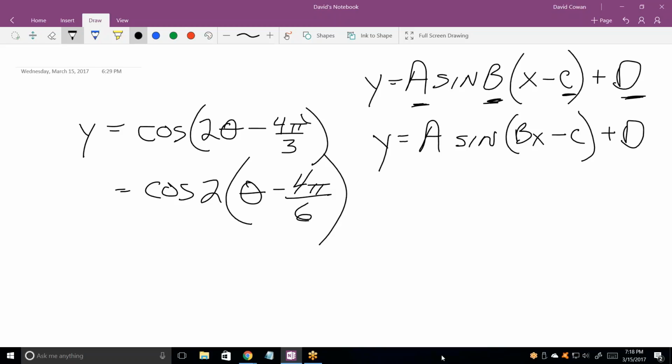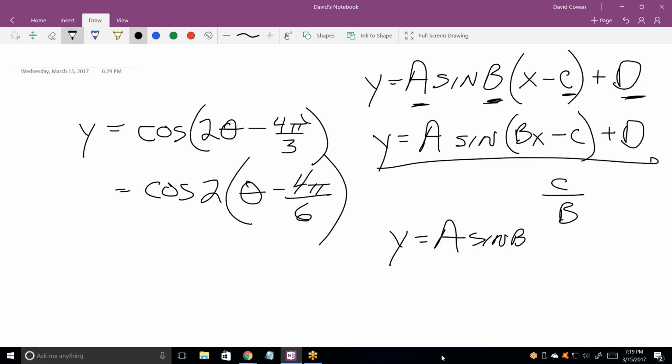In this case, A is the same, B means the same, but your phase shift is C divided by B. Because to convert the second one to the first one, I've got to factor that B out. And so if I take the second curve, I end up with A sine of B times x minus C divided by B, because I factored it out.